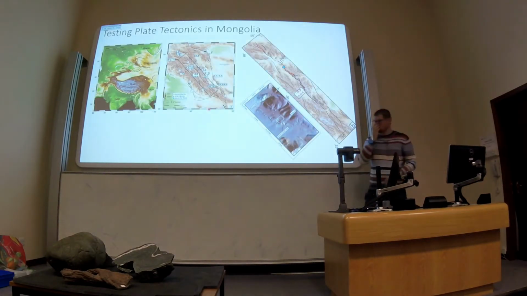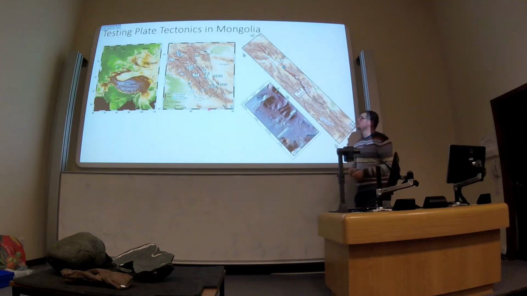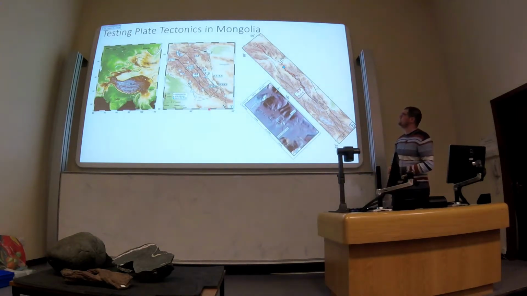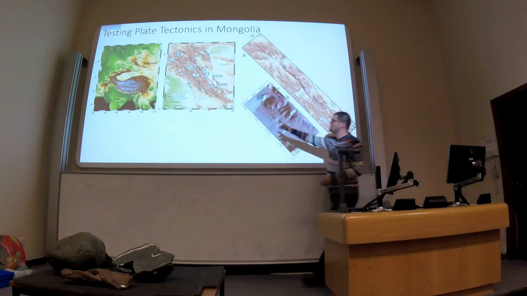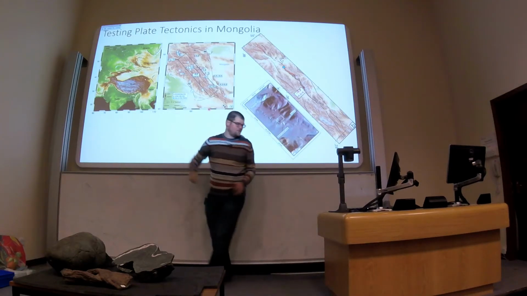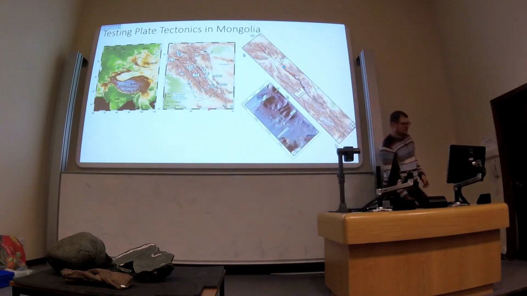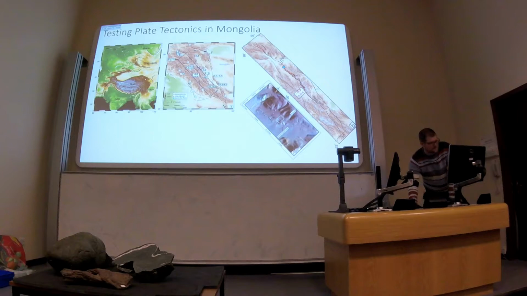So what I'm going to do now is talk about a little bit of research that I did with a student when I was at another institution. So we were looking at this region of Mongolia. Okay, so we have basically a plate boundary down here, where India is being pushed up into basically Tibet, and this is causing Tibet to be a big high mountain range.